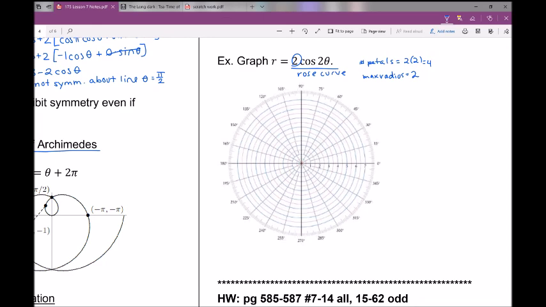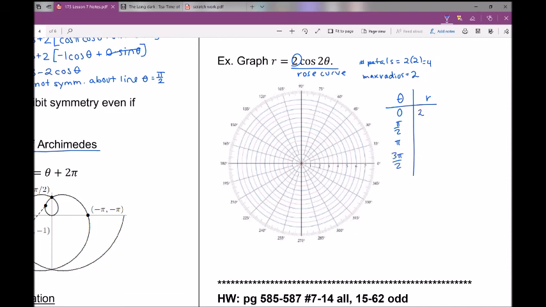And from here, let's just make a table of values. So we have theta, we have r. Let's pick our thetas to just be our multiples of pi over 2 again. So we have 0, pi over 2, pi, 3 pi over 2. And so let's figure out what our radiuses are.